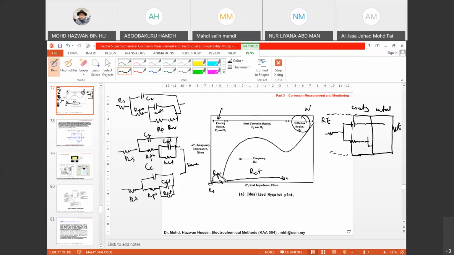Over here, you have the double layer, and then you have another resistance, two resistances. So based on my drawings, maybe it's closer to the one proposed by Mahdi, Liana, and who else?